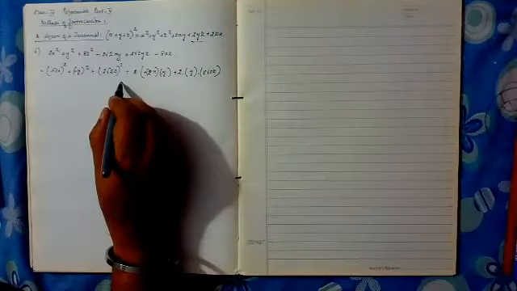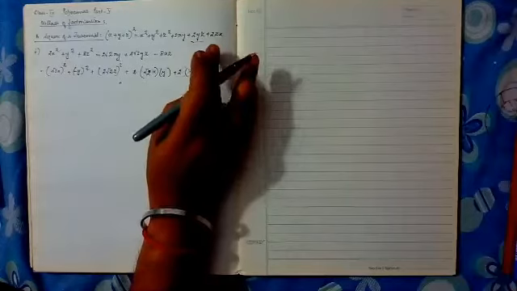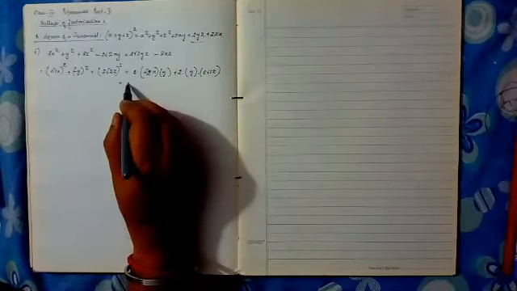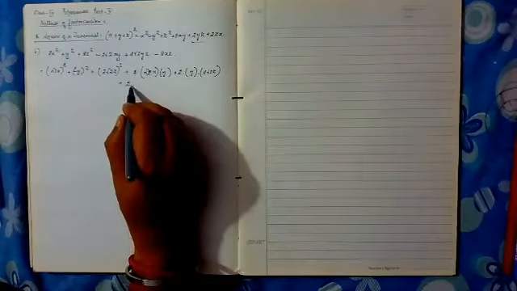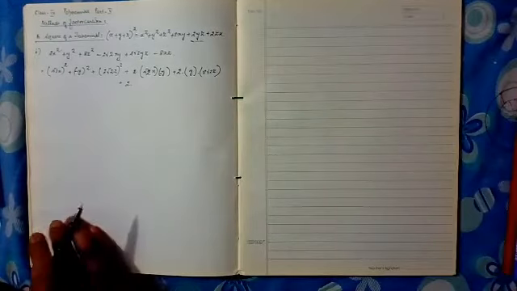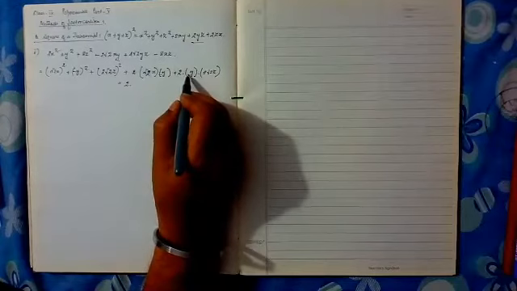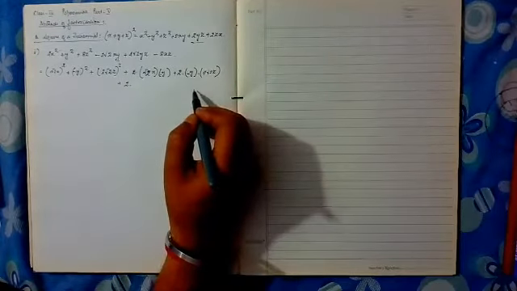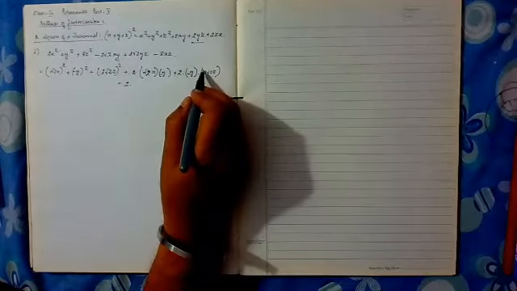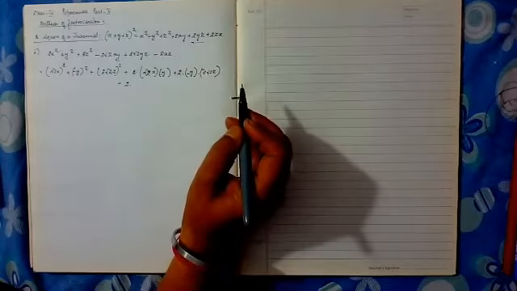Then plus 2zx, so 2. Now z means, as y is negative, so we have given a negative, so this term will also be negative.